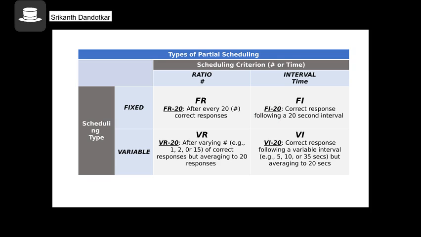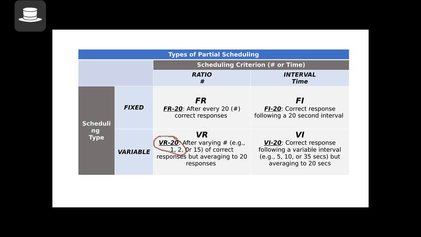A second type of scheduling is the variable type. A variable ratio scheduling would be reinforcing a response after a varying number of correct responses. For example, in VR20, reinforcement occurs after a varying number of correct responses.